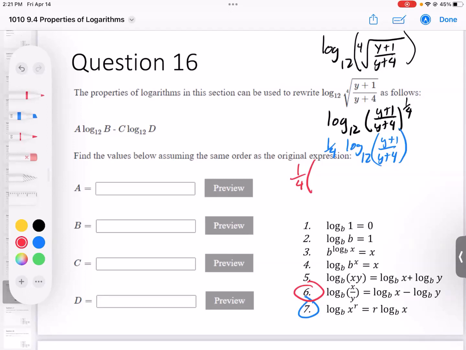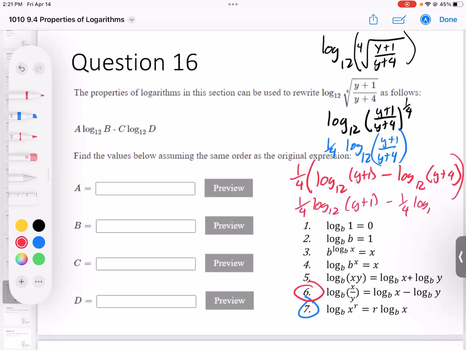So I'll multiply 1/4 by all of it: log base 12 of (y plus 1) minus log base 12 of (y plus 4), according to my division rule. And if I do 1/4 times all of this, that gives me 1/4 log base 12 of (y plus 1) minus 1/4 log base 12 of (y plus 4). We can do that.